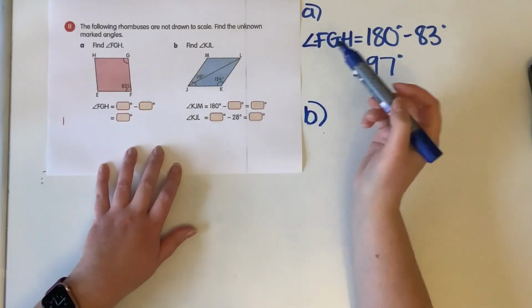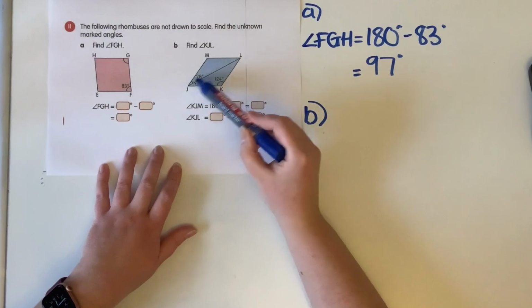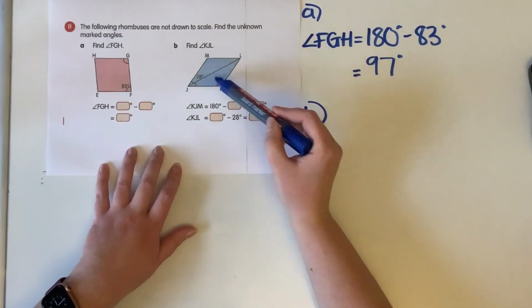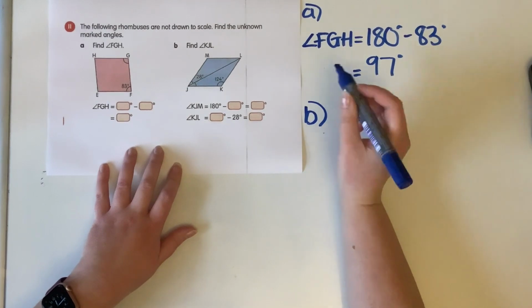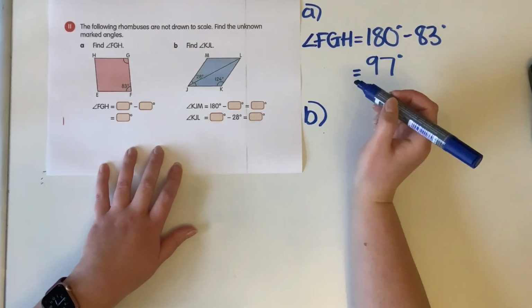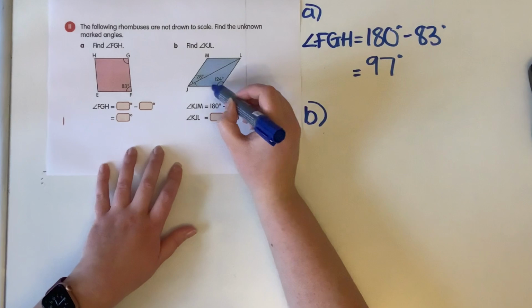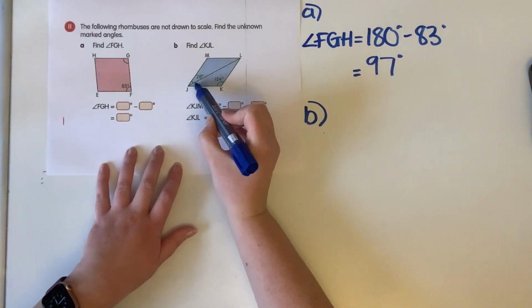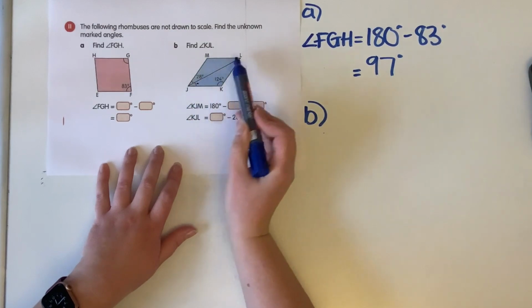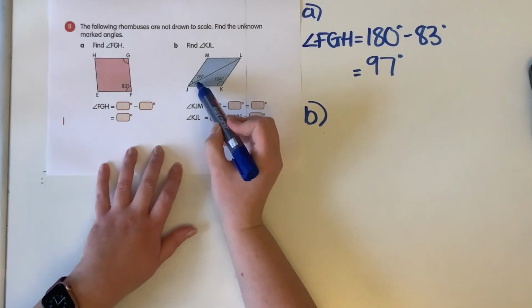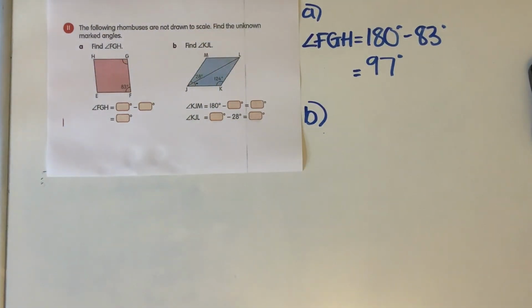B is slightly different, because once again it's drawn a line, it's separated our rhombus into two triangles, and it's asking us to find the angle KJL. So KJL is this angle here. This side MJL is 28 degrees. We need to find this side of the line, KJL.